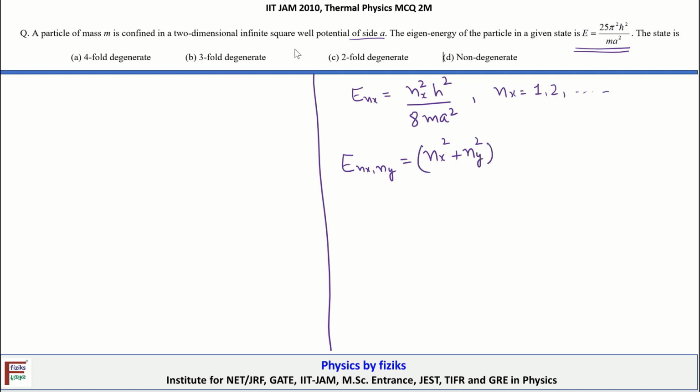Simply we are adding another energy term along the other direction and multiplying by h square upon 8m a square.